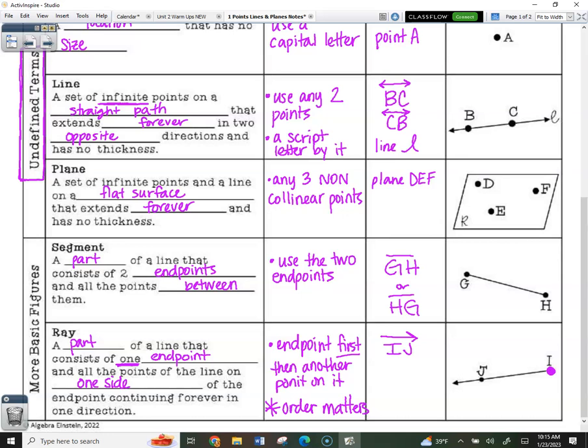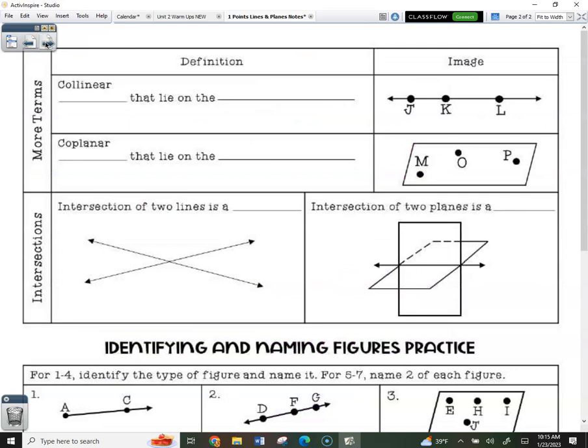All right, go to the back. We already talked about this, so it should be familiar. Collinear, that is points that lie on the same line.